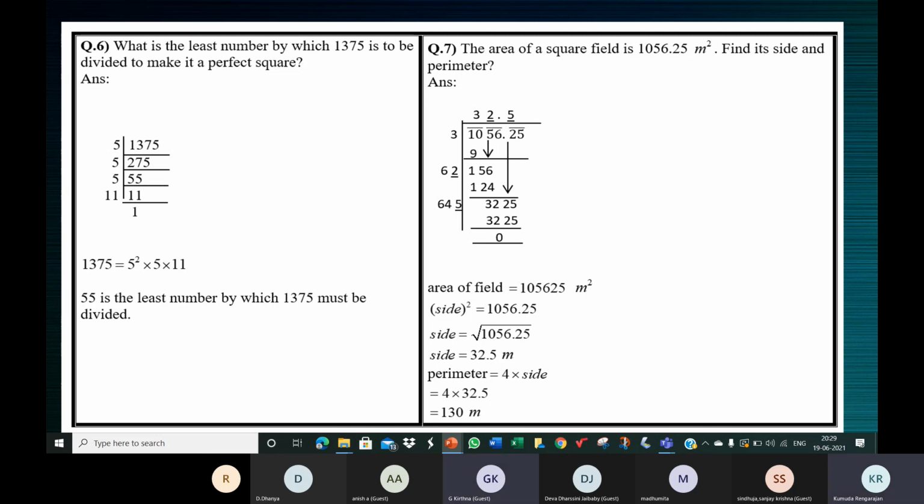Divide by 2, you will get what? Ma'am, 17. And then 17, which will give you 1, because 17 is a prime number. Okay, ma'am. Yeah, perfect.